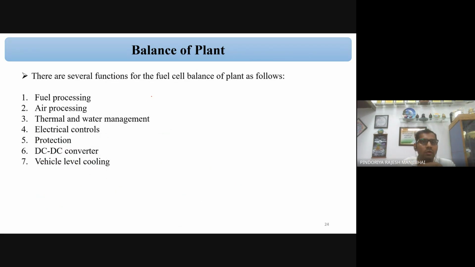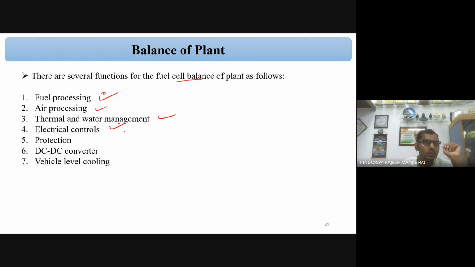Okay, so there are several functions for the fuel cell balance of plant. First one is fuel processing. So how much fuel processing we have to do? Air processing, how much flow rate of the air? Thermal and water management, because we have to use the cooling system.